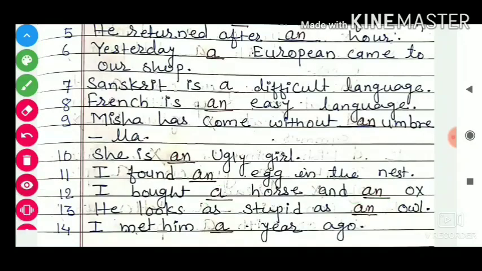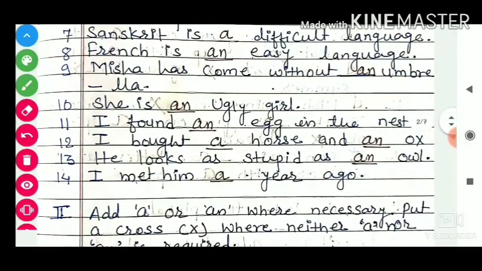He looks as stupid as dash owl. Owl starts with a vowel, so we use an before owl. I met him dash year ago. Year starts with Y, a consonant, so we use a year.